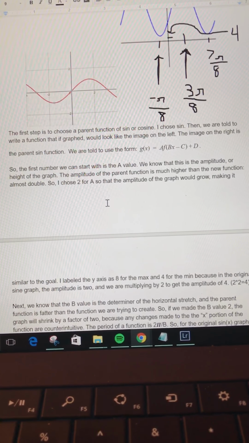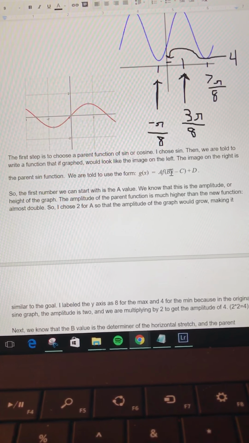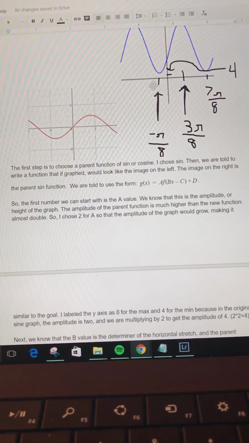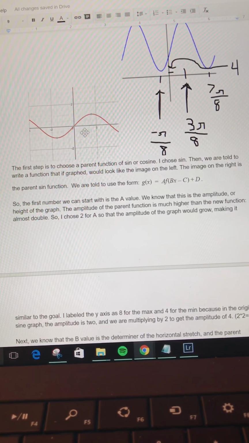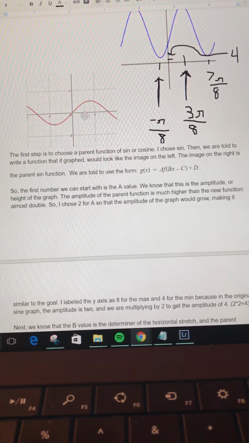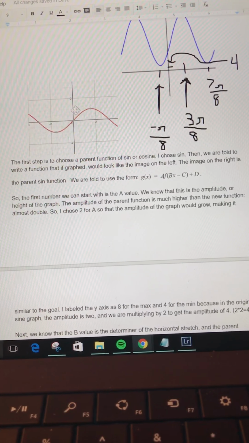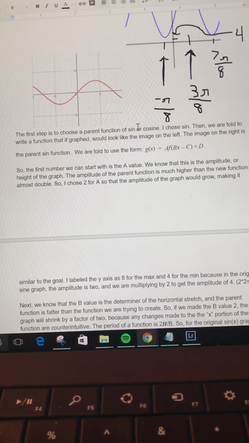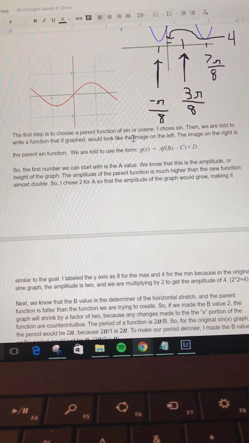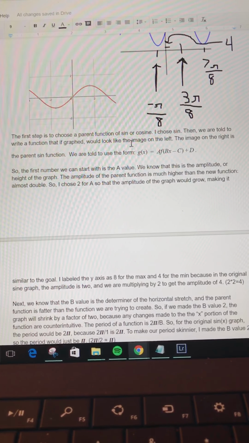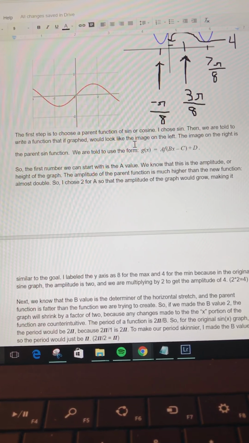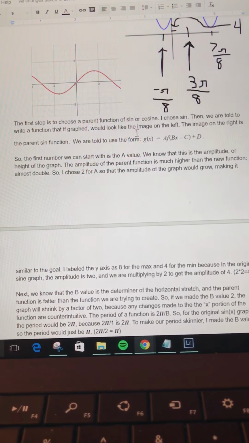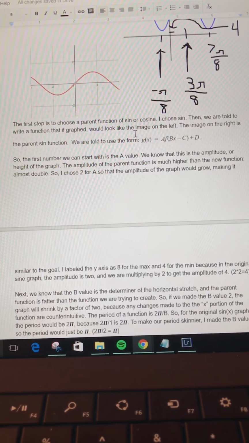Next, we know that the b value right here is what determines the horizontal stretch, and if we look at these two graphs, we see that the sine is kind of fatter than this one, so we have to multiply it by 2. We would have to multiply this by 2 because the x value changes are counterintuitive. If you multiply it by a number, it'll get smaller, or increase the frequency.